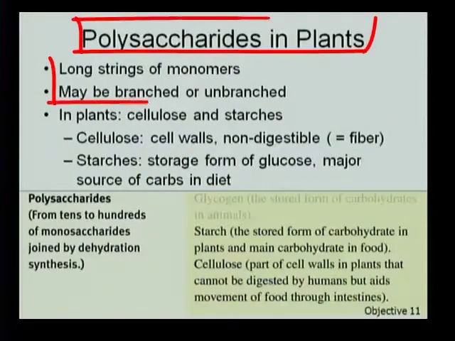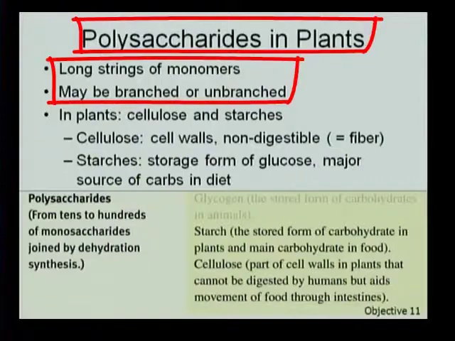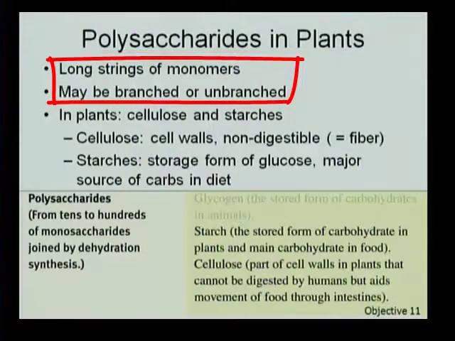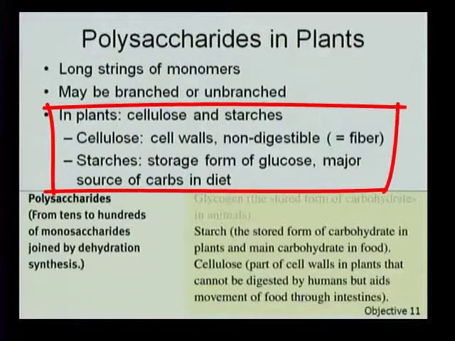In plants, we form long strings, either branched or unbranched, of these sugar monomers, of these monosaccharides. So in plants, we call these cellulose or starches. Cellulose is what makes up the walls of cells. That's where it gets its name.